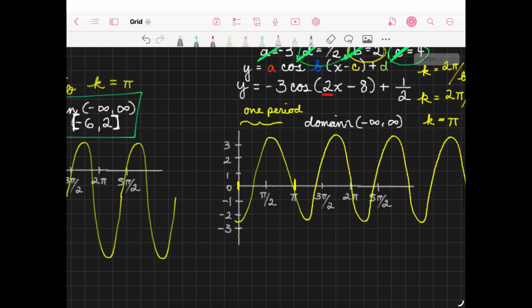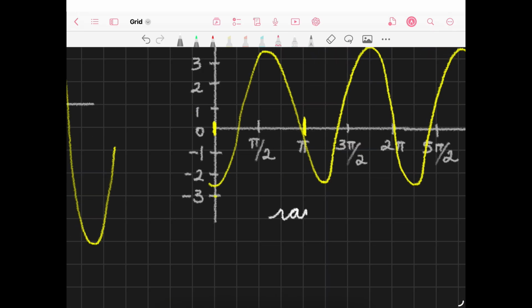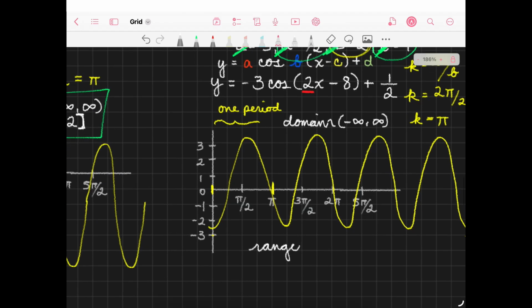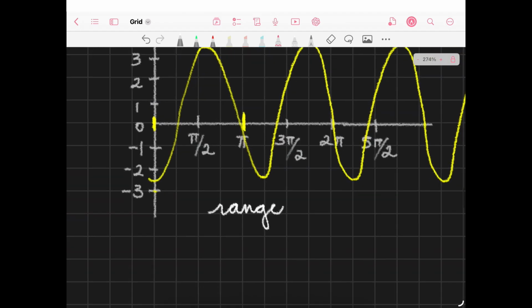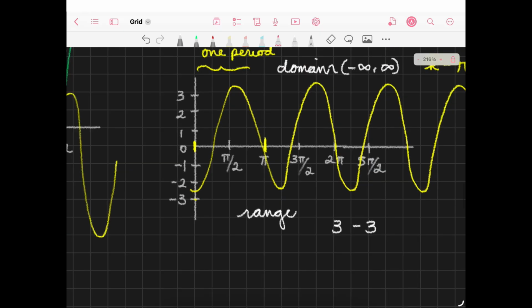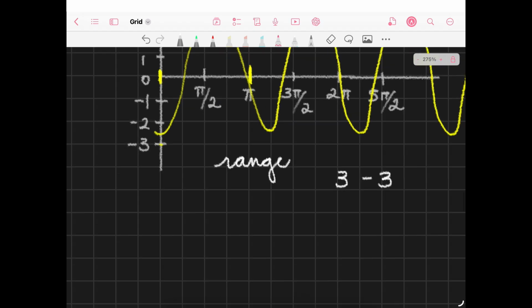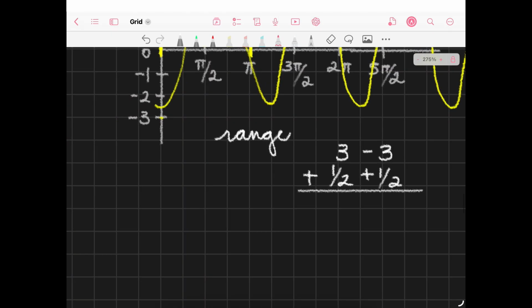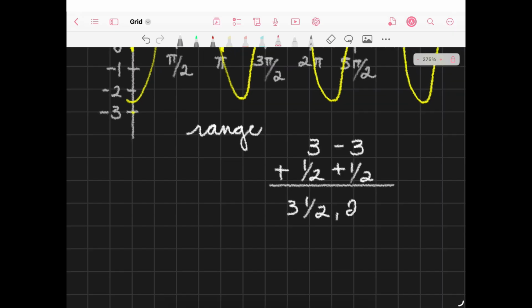For our range, initially we have 3 and negative 3 as our maximum and minimum values, but since we moved the graph up by 1/2, we would have to add 1/2 to both 3 and negative 3. So this would be equal to 3 and 1/2 and negative 2 and 1/2.